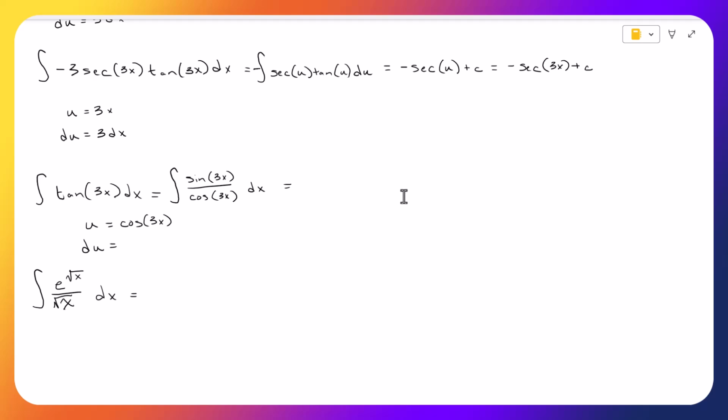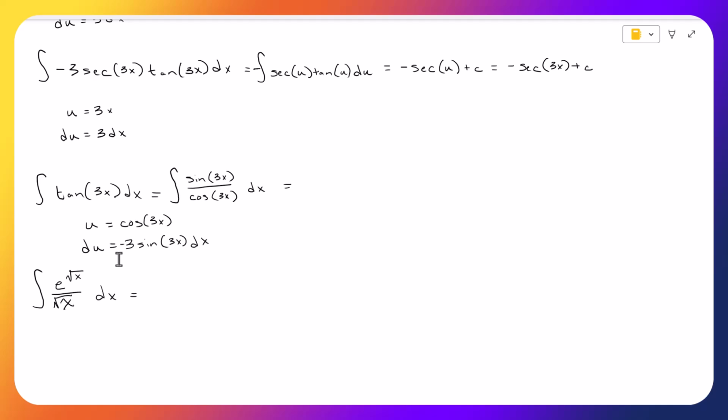Okay, and then our derivative is going to be negative 3 sine of 3x dx. And again, we don't have it perfectly, but we do have this sine of 3x times dx. So I'm actually only going to get rid of this negative 3 here. I'm going to work smarter, not harder.